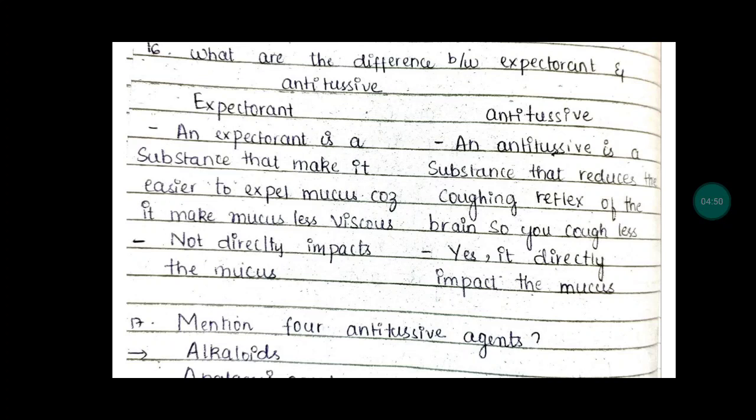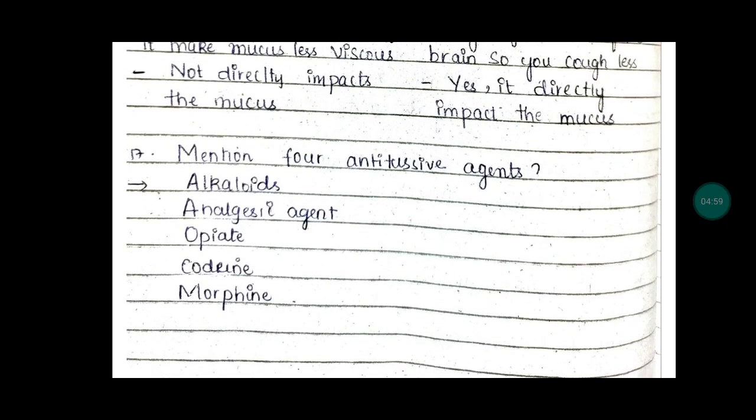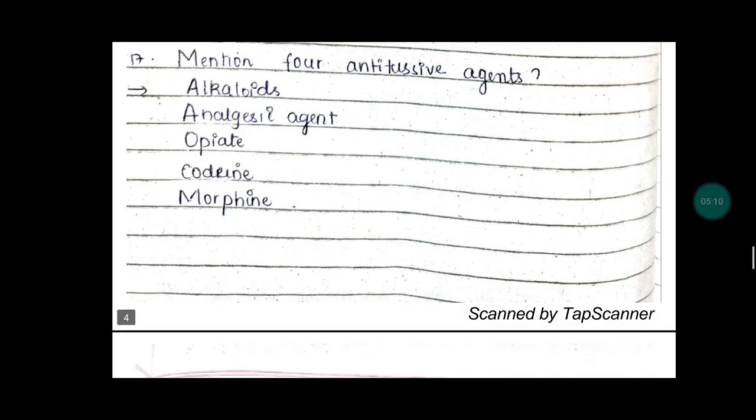The antitussive does not directly impact the mucus, but the expectorant directly impacts the mucus. Question number 17, mention 4 antitussive agents: alkalis, analgesic agents, opiates, codeine and morphine are the antitussive agents.